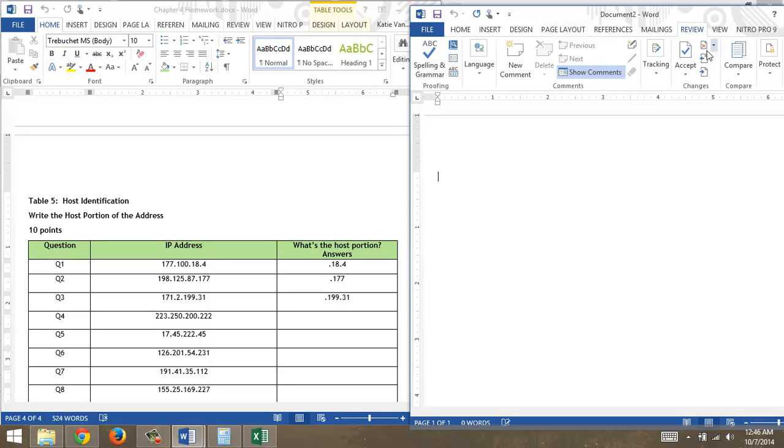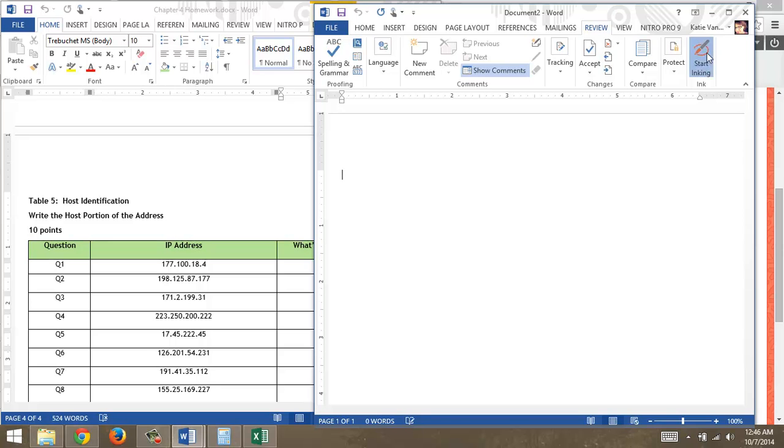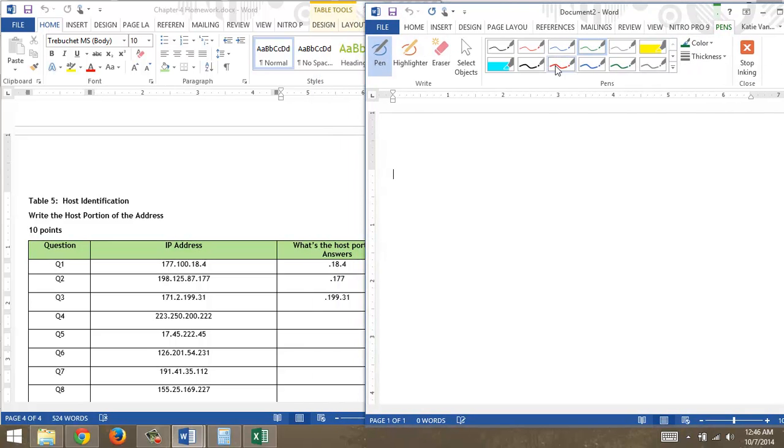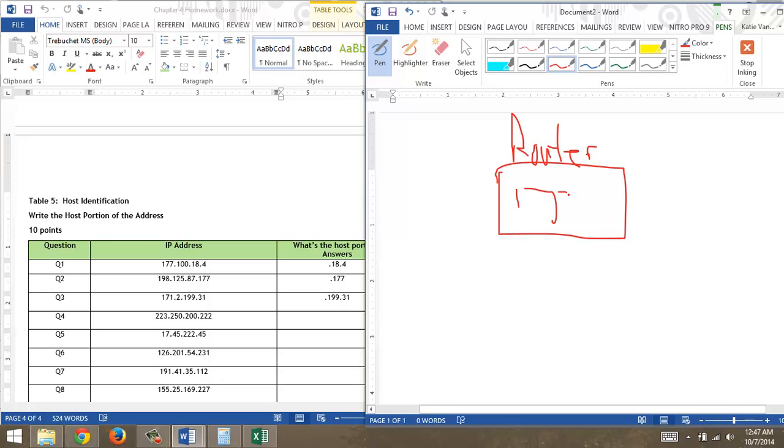View, review, start inking. Okay, what this means is I'm still freehand drawing with my mouse, but we have a router. Oh, this is painful. So that's a router, and it has a network address of 177.